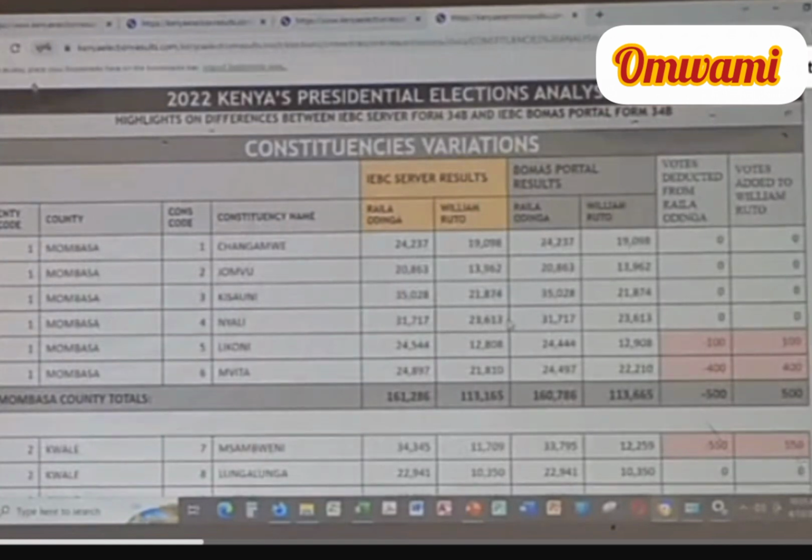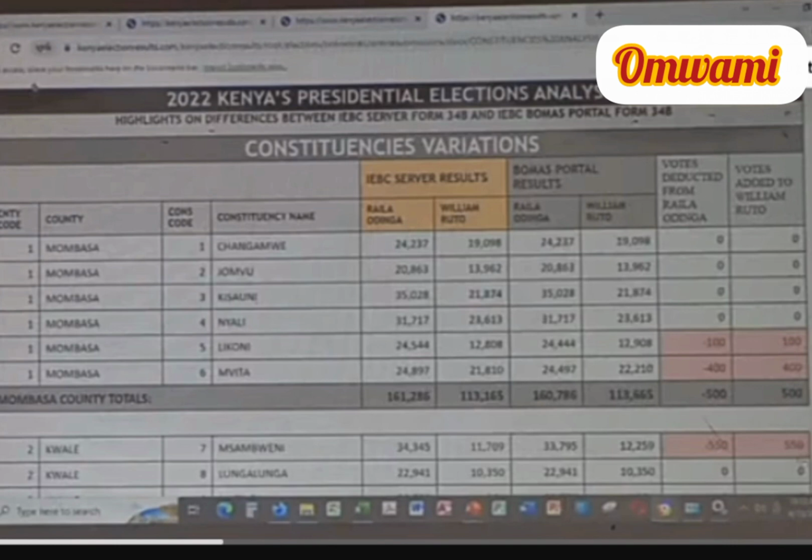In all the constituencies, you can see that after analyzing the whole project, we realized that in Mombasa County, it is only two constituencies that were affected, and that is in Likoni and in Mvita, where Jacom lost 100 votes and Dr. Ruto gained 100 votes.